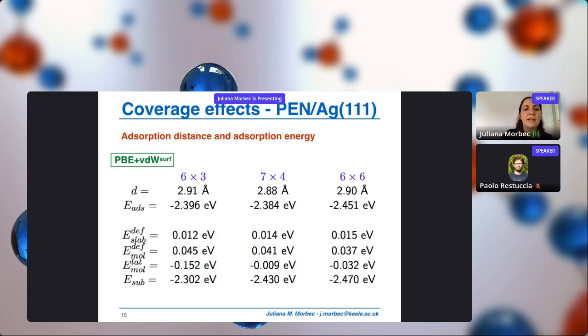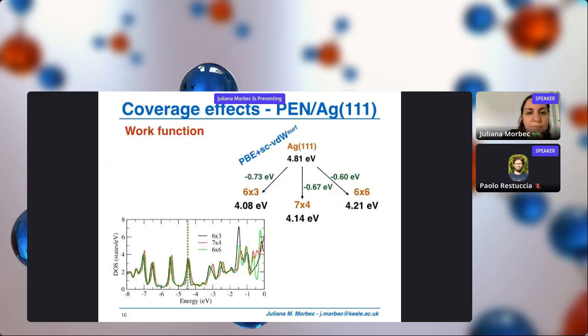So molecules interact less with one another, as you can see on this penultimate line here, and interact more with the substrate. And now for the work function, as pentacene interacts less with the substrate, it is less chemisorbed to the substrate, and then you see the reduction of the work function is smaller too.